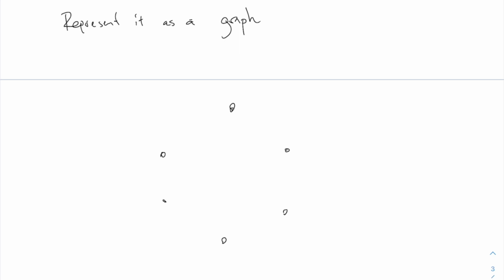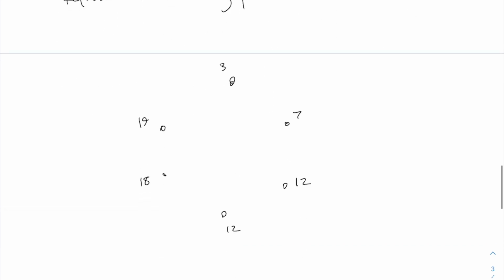And they are, I'll go around like this: 3, 7, 12, 12, 18, and 19, right? That's what I said.